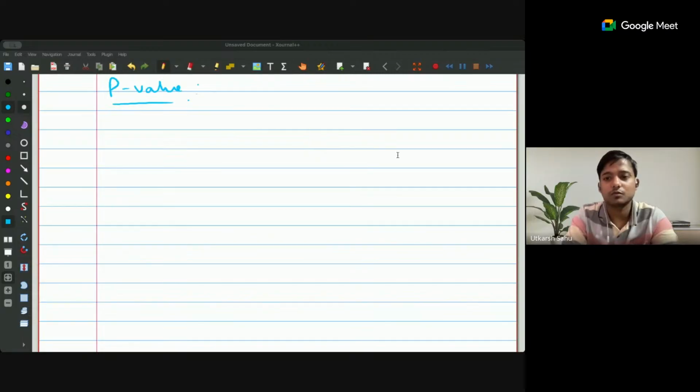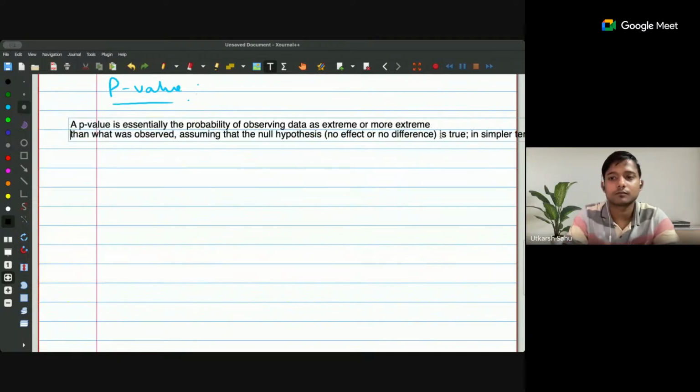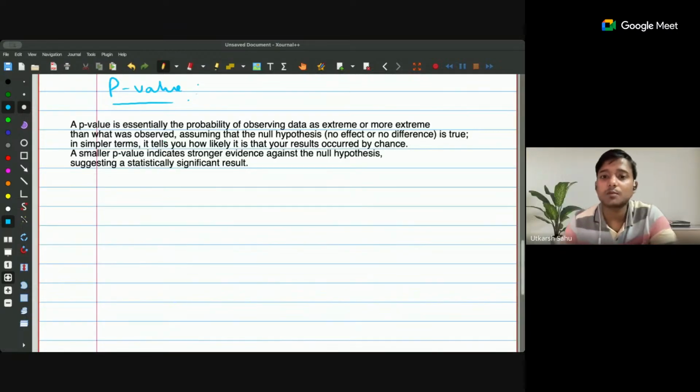It will be probably more accurate. So a p-value is essentially the probability of observing data as extreme or more extreme than what is observed, assuming the null hypothesis is true.